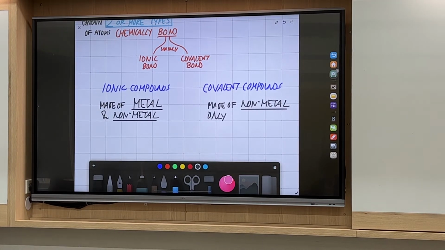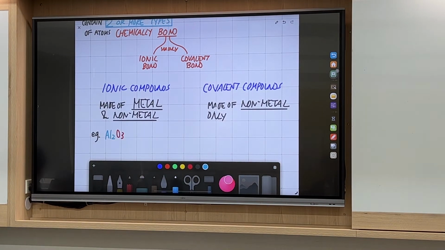Some examples. I will give you one, and maybe some of you can tell me other examples. We have aluminum oxide, which is an example of an ionic compound. Can anyone give me other examples of ionic compounds? What is in table salt? NaCl, sodium chloride, both correct.